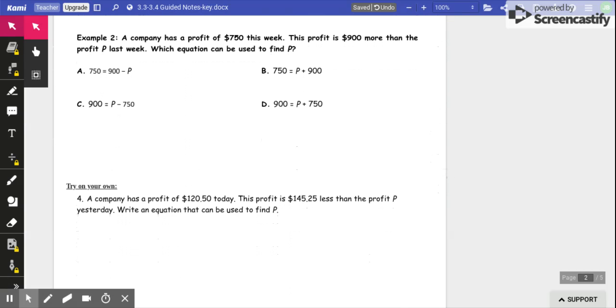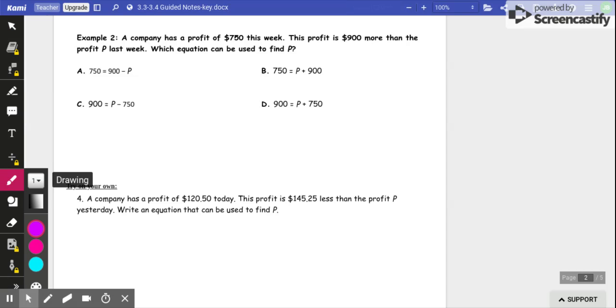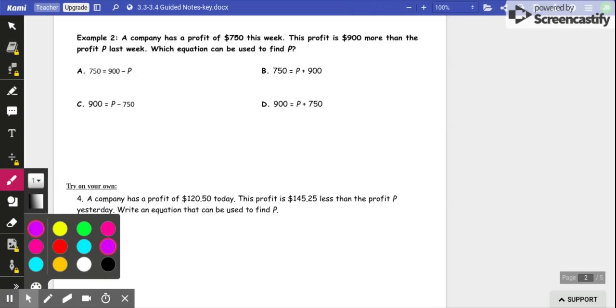All right, let's take a look at example 2. It says a company has a profit of $750 this week. This profit is $900 more than the profit P last week. Which equation can be used to find P? If we know that this week's profit is $750, that's my end result.